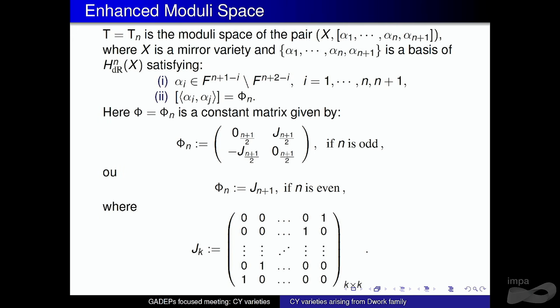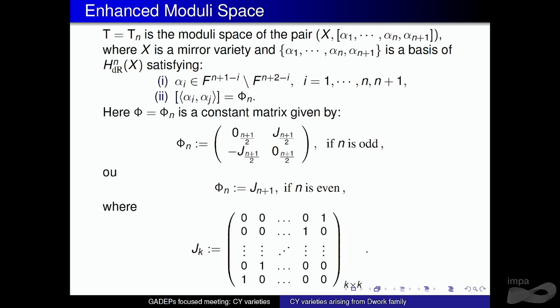And we define, Hossein today talked about the small moduli space when he was considering just X with alpha, which was a regular n-form. But now we are extending the n-forms to a basis of the de Rham cohomology. But these alphas have to satisfy two properties.